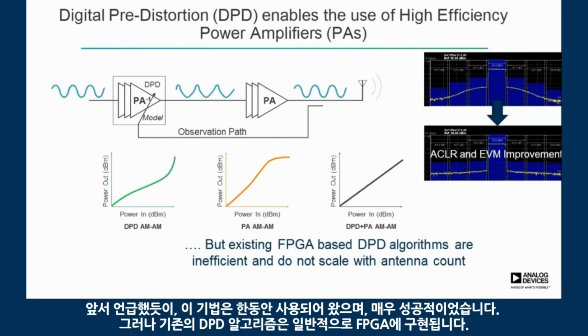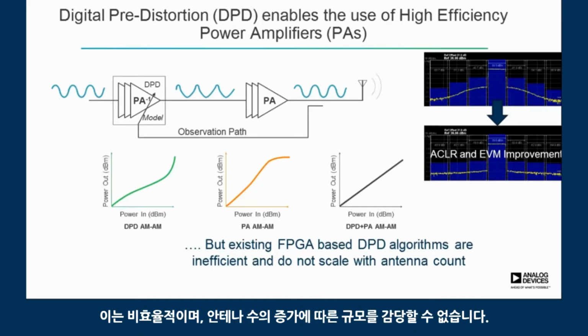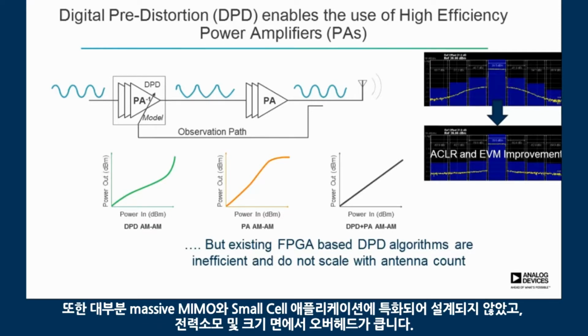However, the existing DPD algorithms are typically implemented in an FPGA. They're inefficient and do not scale with the antenna count as the antenna count increases. So most were not designed specifically for massive MIMO and small cell applications and carry a big overhead in power consumption and size.